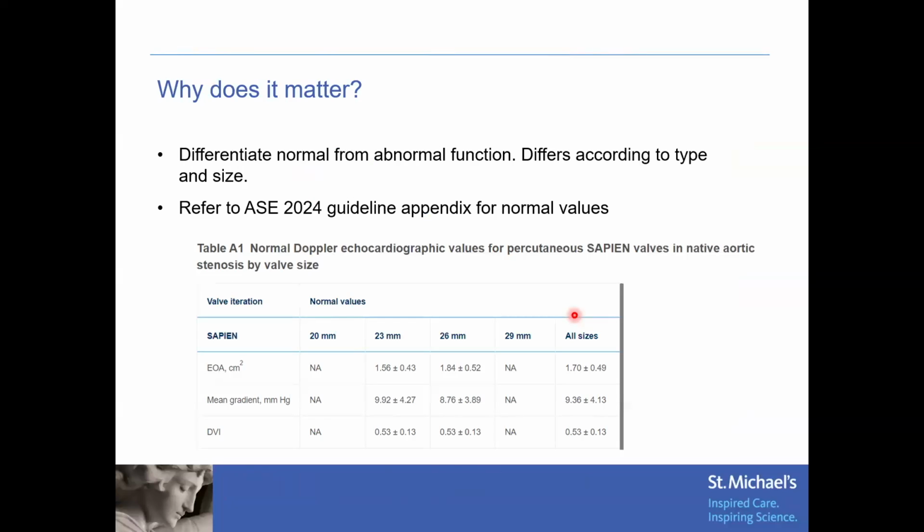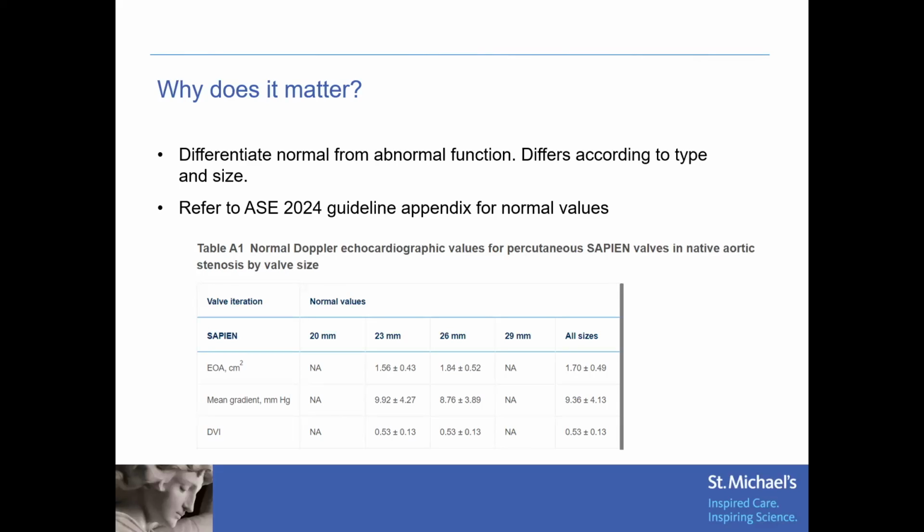And then the other reason why it's important to know what kind of valve they have is to understand whether the gradients that they have are within normal or not, and the EOA that you estimate whether that's normal or not. And so there are tables for this, reference values.